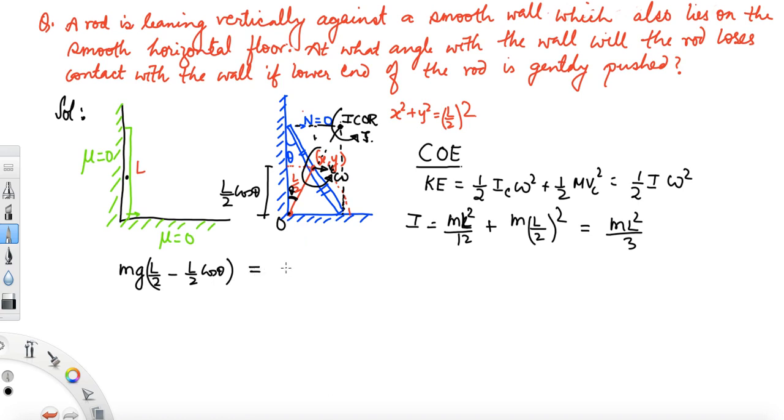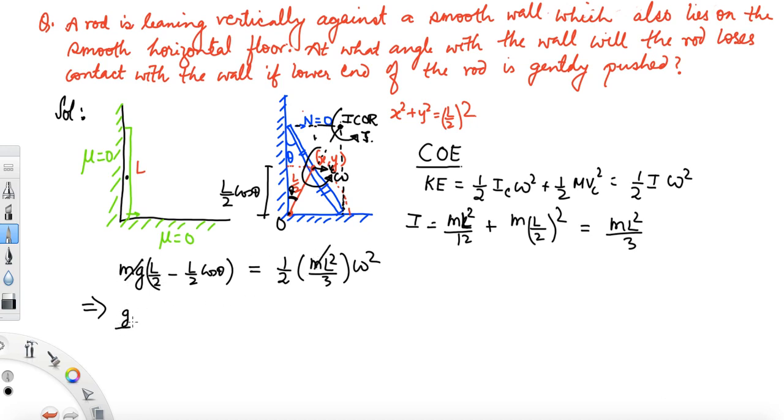This loss in potential energy is going to be equal to the kinetic energy, which is equal to half I omega square, where I is mL square over 3, times omega square. And from here we will get the value of omega square, as mass gets cancelled.